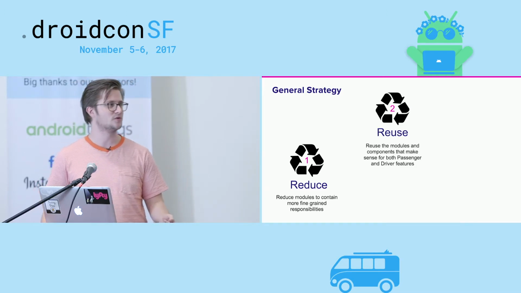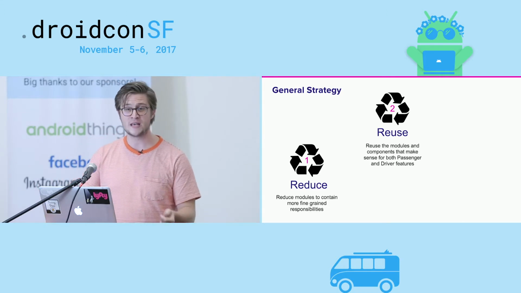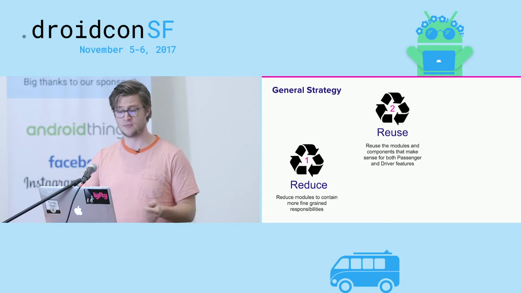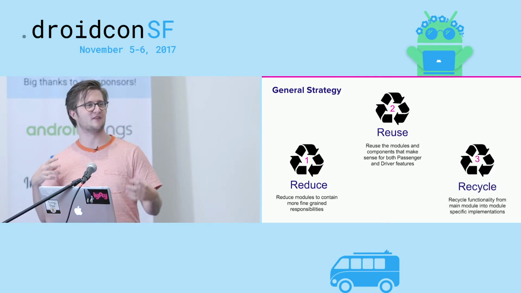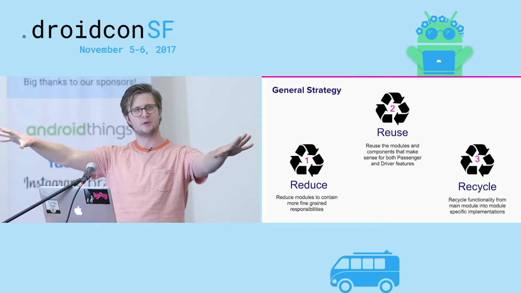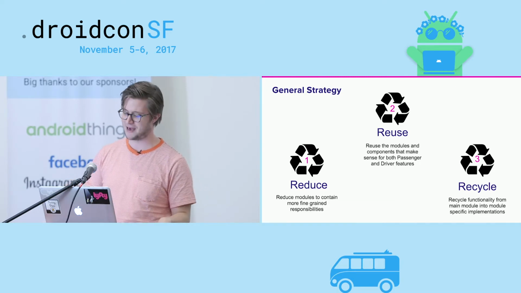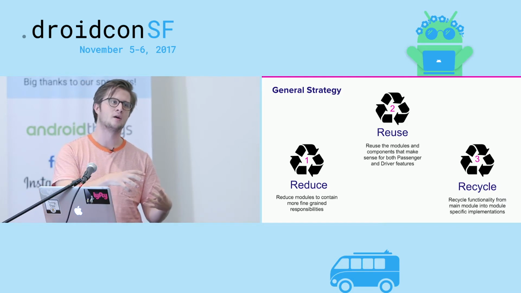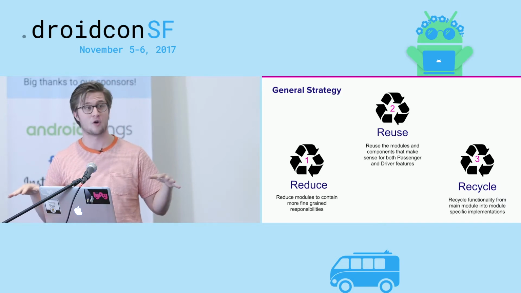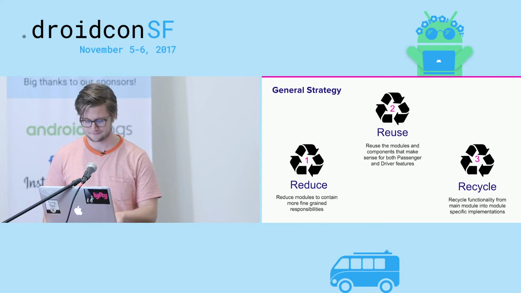So those common modules, ensuring that we have only common code and common components in those modules. And finally, recycling. When I think of recycling, I think of melting something down and distributing it out in a more distributed manner. And so we wanted to take some of this main monolithic module and turn it into something a little smaller, distributing some of the functionality that it had across more shareable modules.